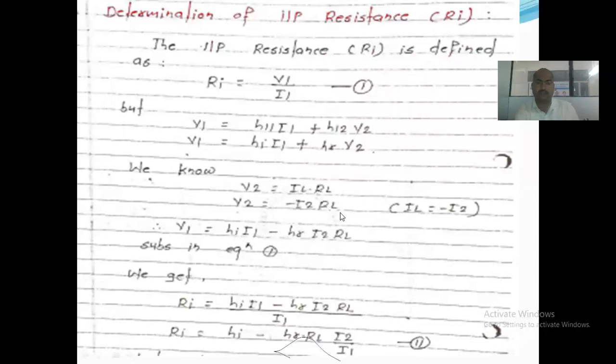Right. So in this case, IL into RL, we put IL as minus I2. We know that IL equal to minus I2. So minus I2 into RL, this is the value of V2, right?